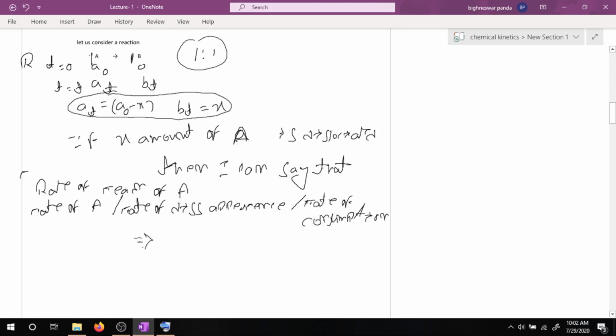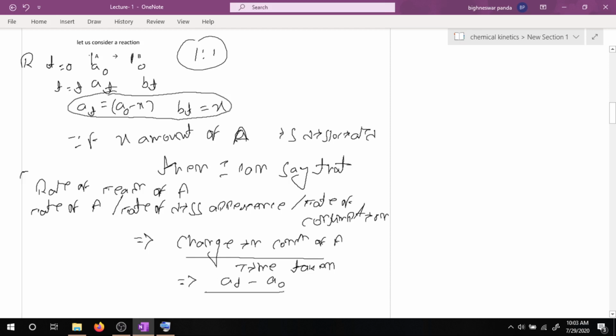That will be equal to change in concentration of A divided by time taken. Change in concentration of A: the final concentration is given here At and the initial concentration is A0. So I can say that At minus A0 divided by t minus 0.